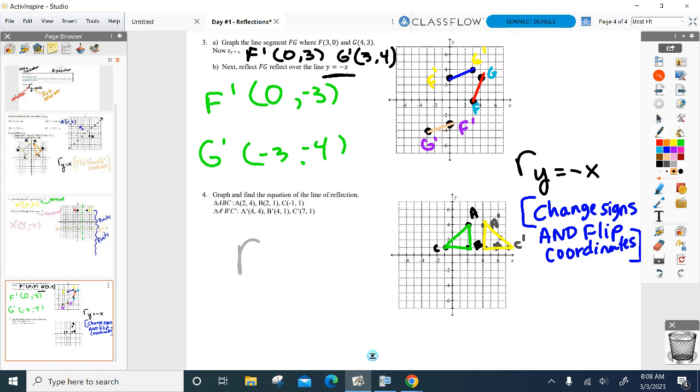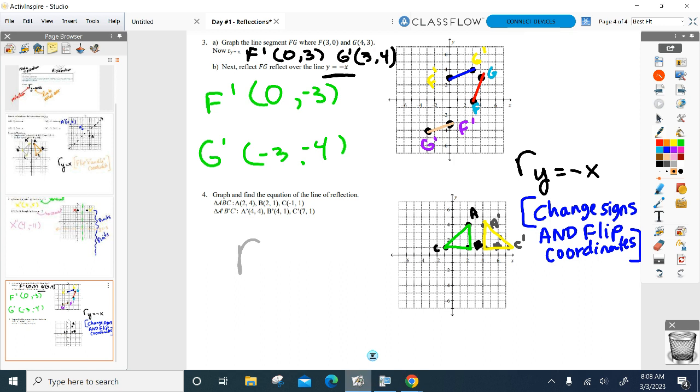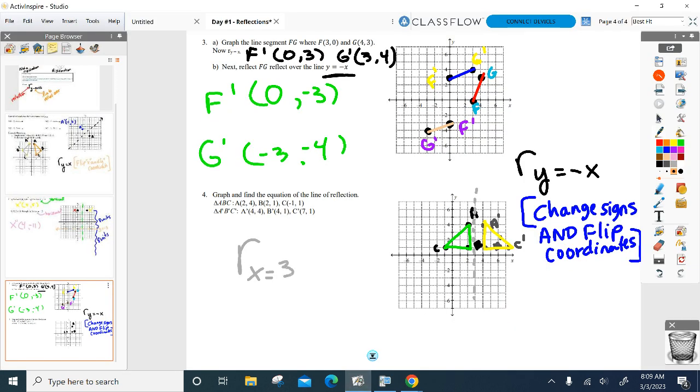What line am I reflecting over? Is it vertical or horizontal? Okay, it's definitely vertical. So it's got to start out with x, because it's a vertical line right here. And what is that vertical line? X equals 10. There you go.